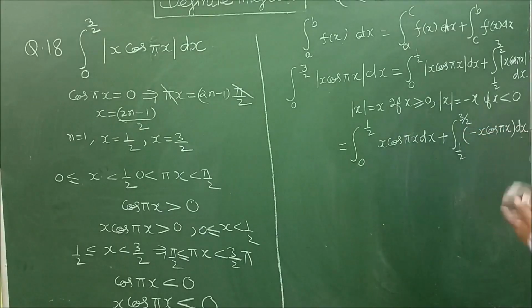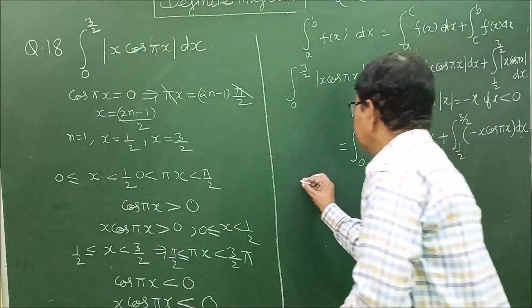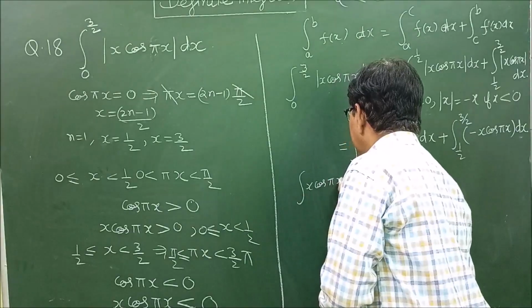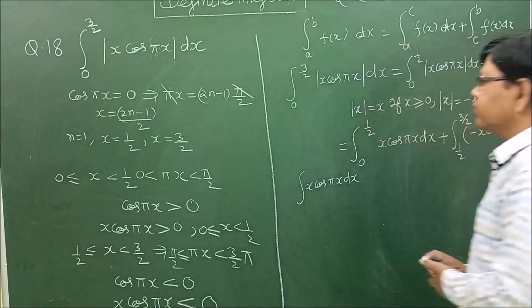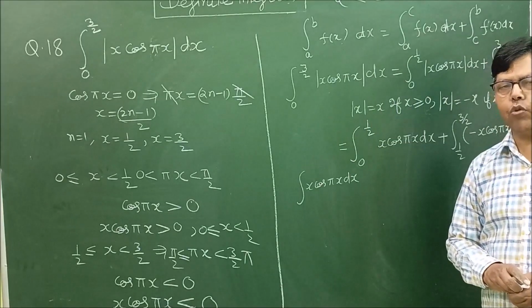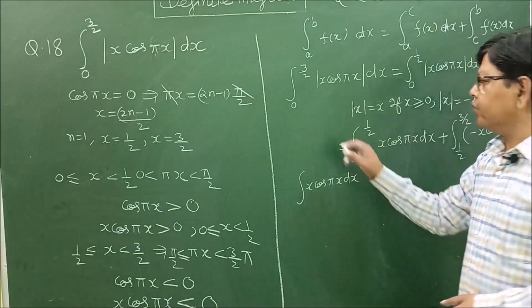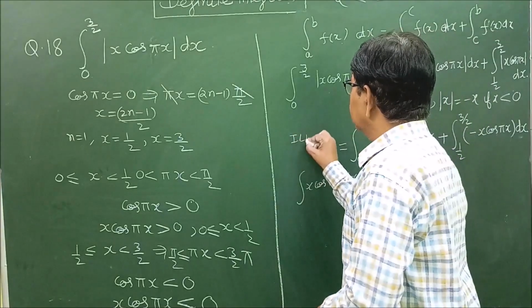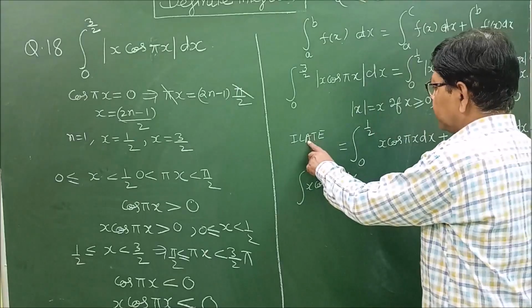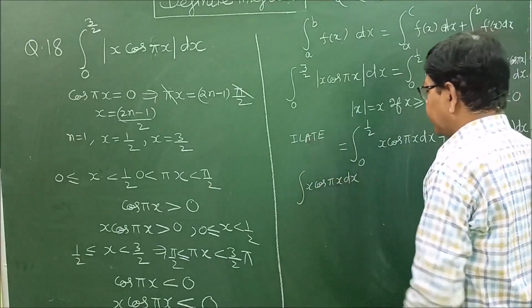Now let us integrate x cos pi x dx. Algebraic function and trigonometric function, again remembering the ILATE rule. The ILATE rule says algebraic function will be taken as the first function and trigonometric as the second.